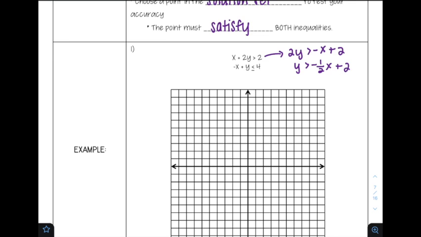Again, just solving for my y is going to be greater or less than or equal to, my slope-intercept form, but for inequalities. Then I have my negative x plus y is less than or equal to 4. So I have y is going to be less than or equal to x plus 4, and that one's a little bit easier. So we have our 2 inequalities.